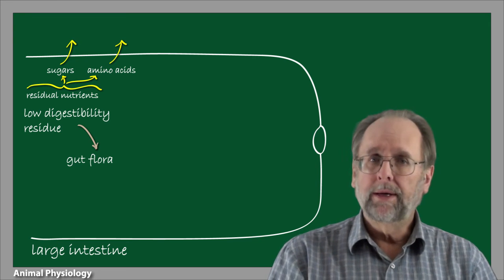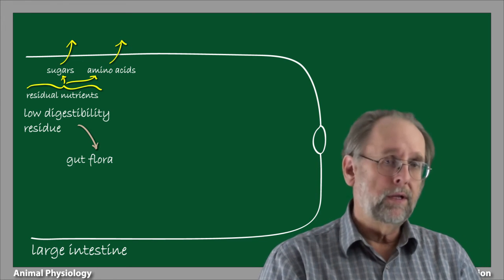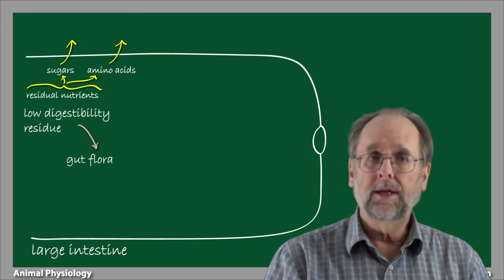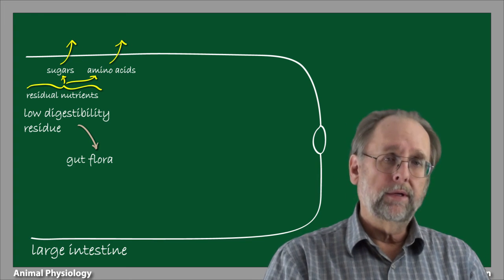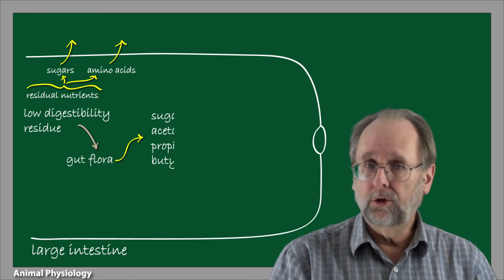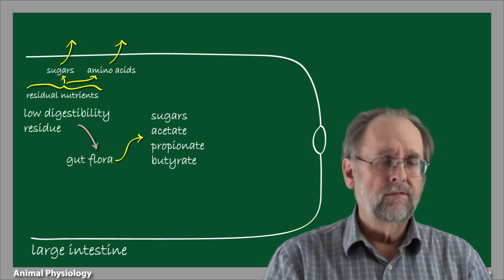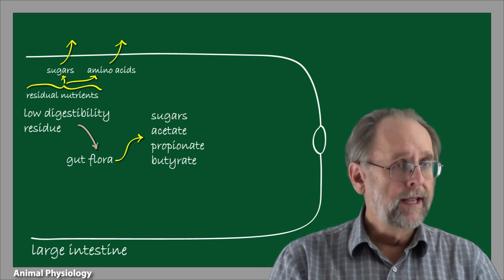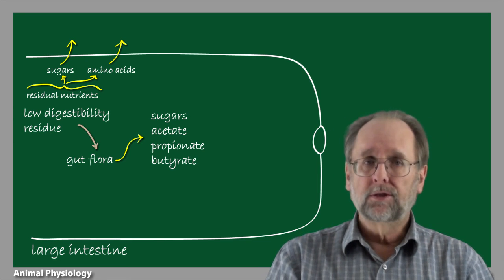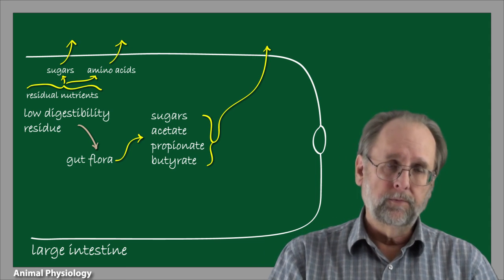This is useful because the microbial flora usually has a much more diverse metabolic toolkit to work with than does the animal itself. These break down the low digestibility residues to produce the conventional nutrients, such as sugars and amino acids, along with various volatile organic acids, such as acetate, propionic acid, butyric acid, and so forth, which are then absorbed across the intestinal wall.